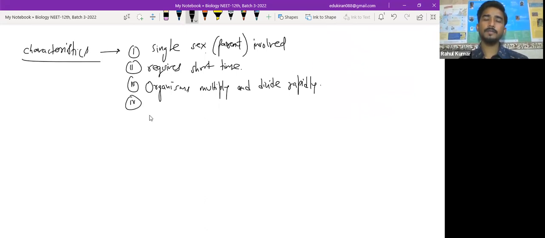And fourth thing, it is simple. It is simple, less complex in terms of structures, and less energy consuming.